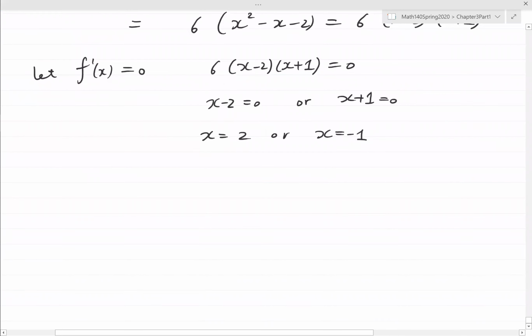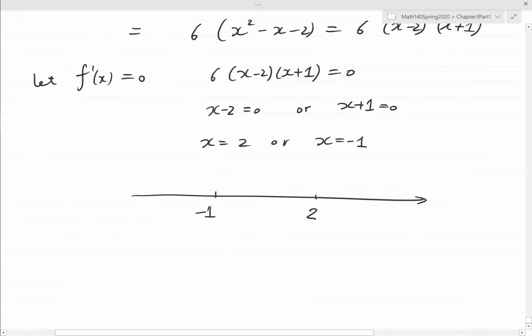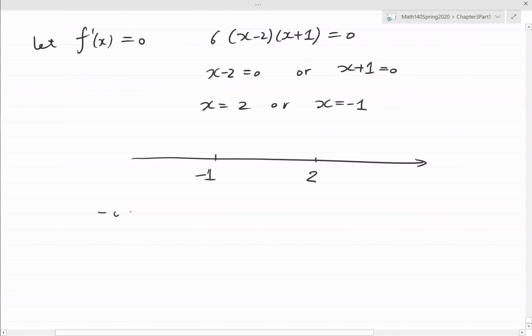These two numbers, -1 and 2, partition the x axis into 3 intervals: negative infinity to -1, -1 to 2, and 2 to positive infinity.